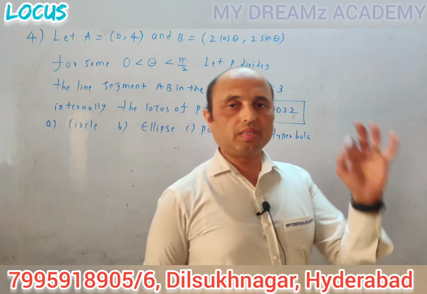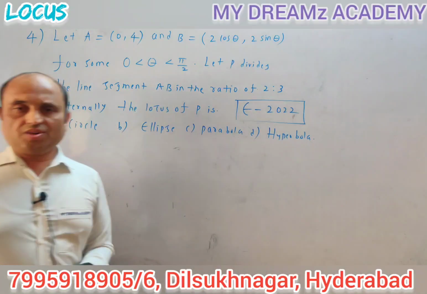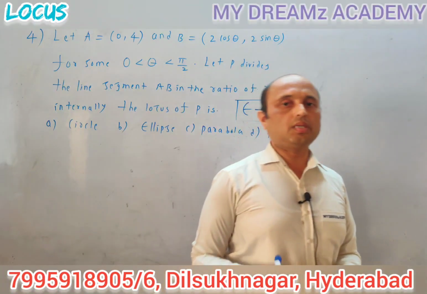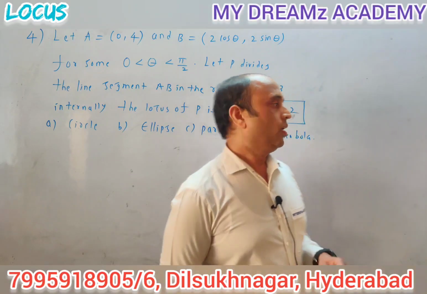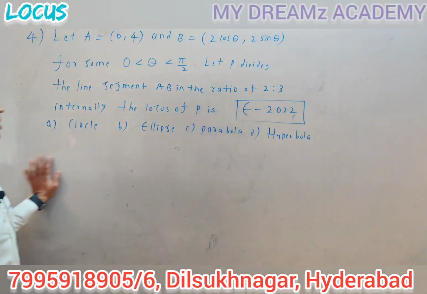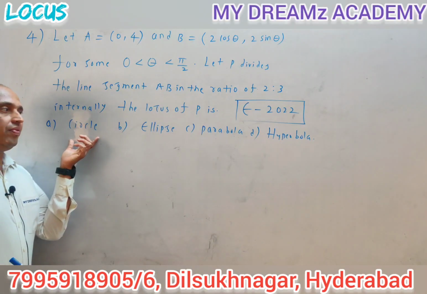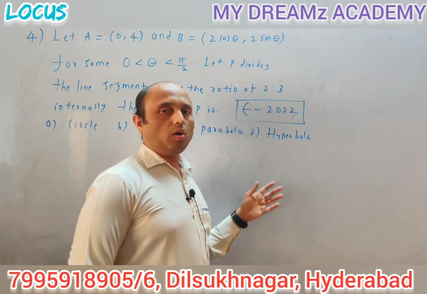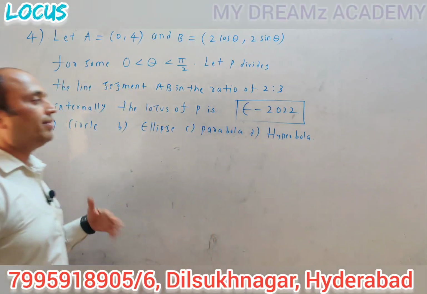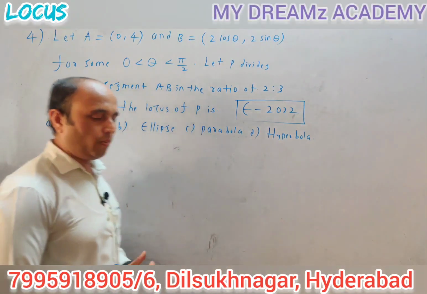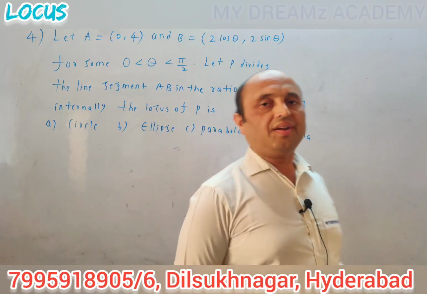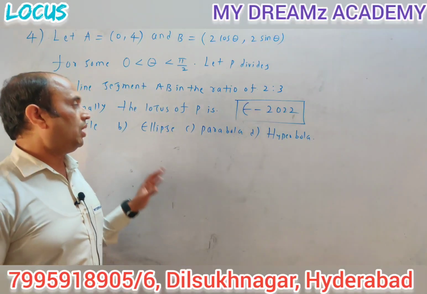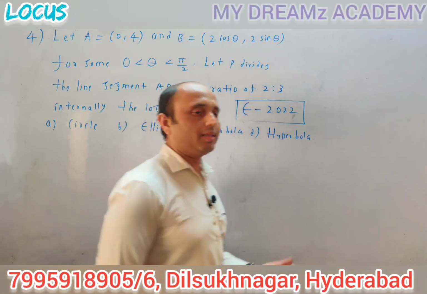Every locus represents one particular equation, but which one depends on the conditions. For a circle we have different conditions, for an ellipse different conditions, and for a parabola and a hyperbola also different conditions. So every locus represents one standard equation, but whether it is a circle, ellipse, parabola or hyperbola depends on the conditions.